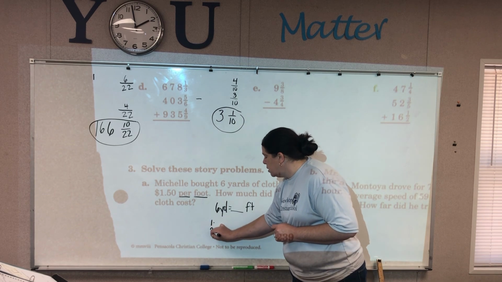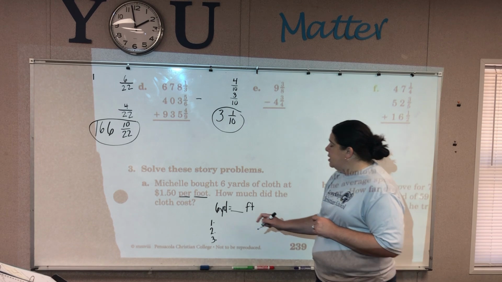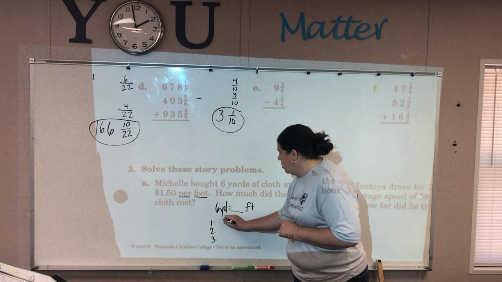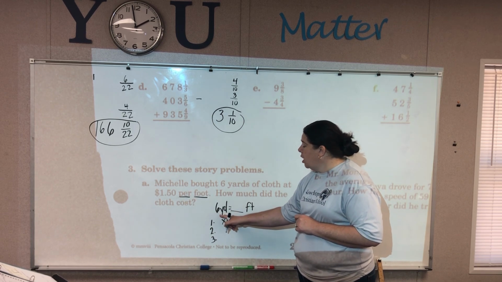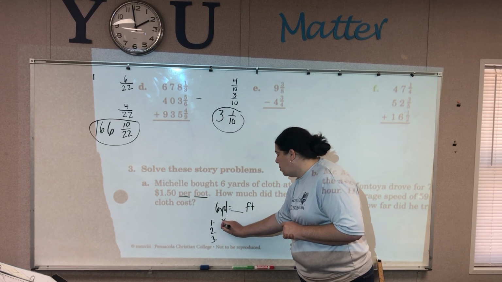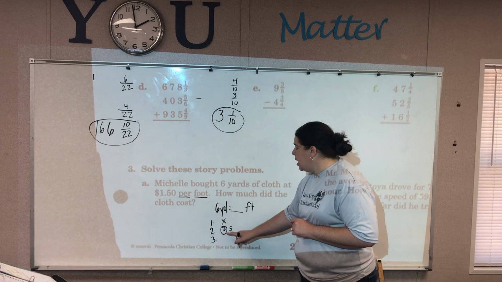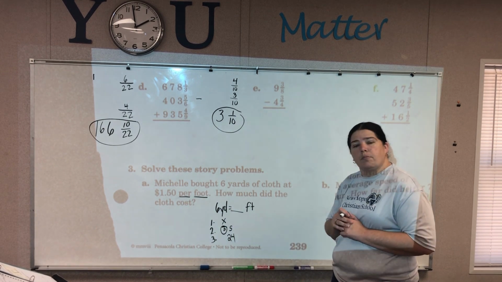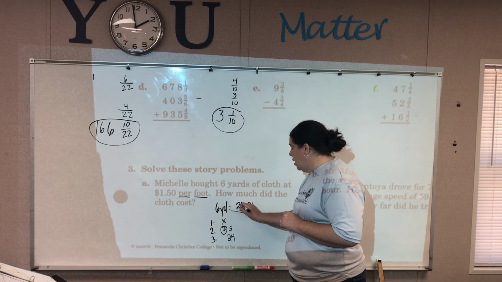We do our steps. We say that yards is larger than feet, so we multiply. And our special number is, there's 3 feet in 1 yard, so 3 is our special number. And we multiply 6 times 3 is 18. Now, that's just the answer to this.